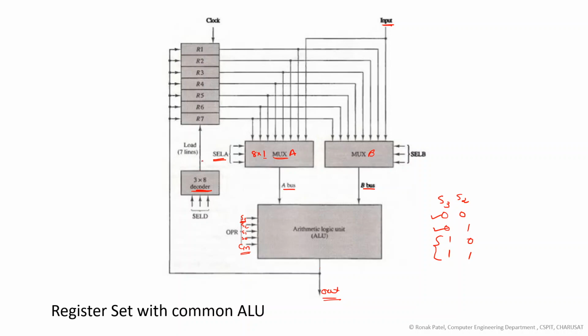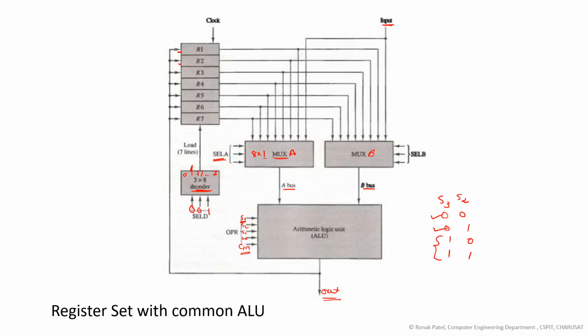This is connected to the enable line of each register. The decoder output 0 needs no connection. Output 1 is connected here to enable R1, and output 2 is connected here to enable R2. Now when you select 0 0 1, R1 will be selected, meaning it is enabled.